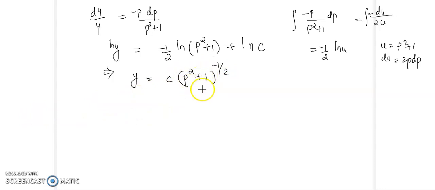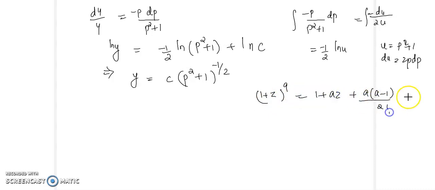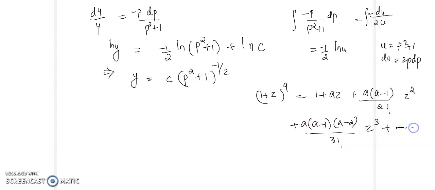Now upon expanding this as a binomial series, we will have this expansion: 1 plus z whole power a equal to 1 plus az plus a into a minus 1 by 2 factorial z square plus a into a minus 1, a minus 2 by 3 factorial z cube plus etc. Here in place of a you will have minus 1 by 2.